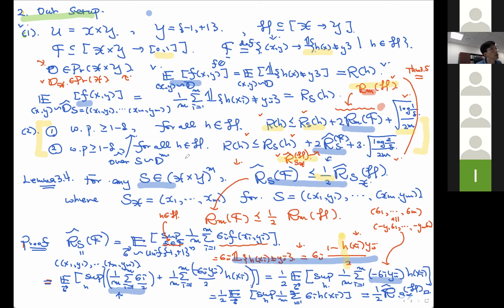Also with high probability for H, the risk is bounded by the empirical risk and the empirical Rademacher complexity, plus the terms which have a 3 and a 2 over delta compared to the one before. I don't expect you to remember this, but I hope you get some idea. That's actually quite simple. So let's move to the next slide.